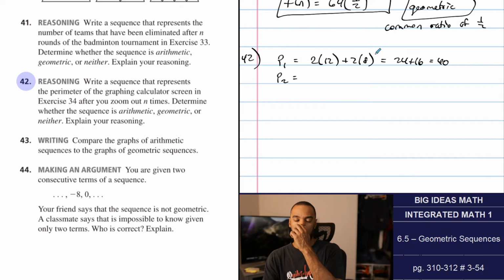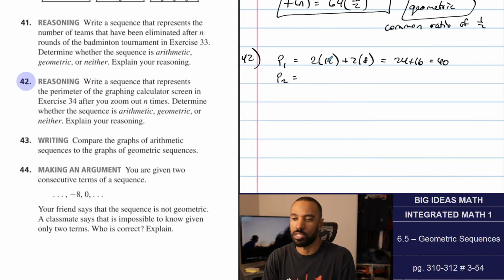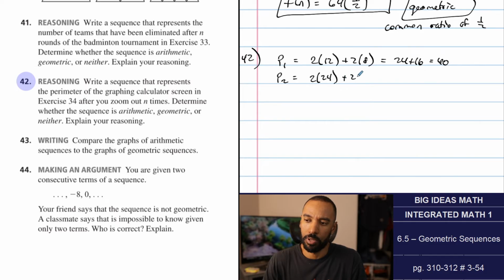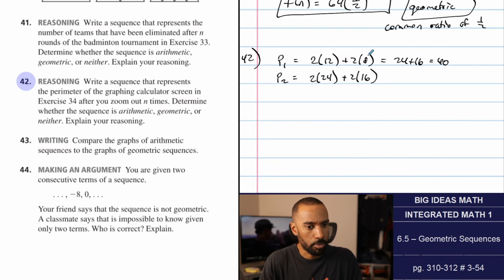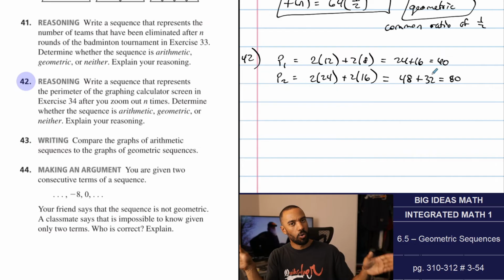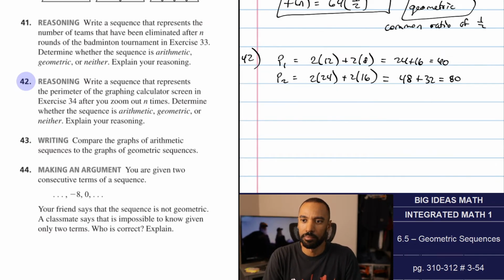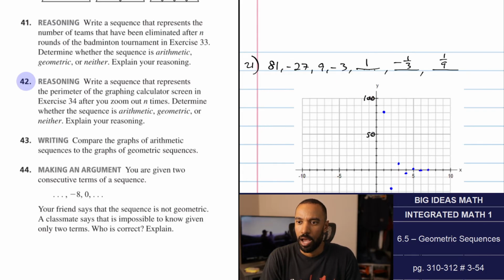That's 288. Oh, not 12. 24 times 16. So 2 times 24 plus 2 times... Right, a sequence represents the perimeter after you zoom out n times. So I have to come up with this pattern. So this is 80. Now the question is the next one going to be 120 or 160? I think you double what was there. Where is it?